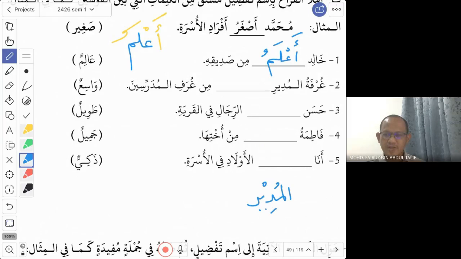But actually the word mudir is not a headmaster. The word mudir is the person who manages an institution. So if I say mudiru syarikah, you don't say the headmaster of the company. You will say maybe the CEO of the company, or the boss, or the manager of the company, the one who manages the institution.